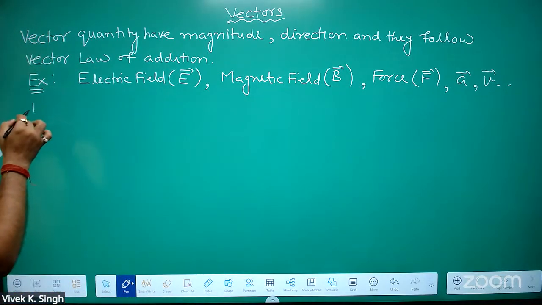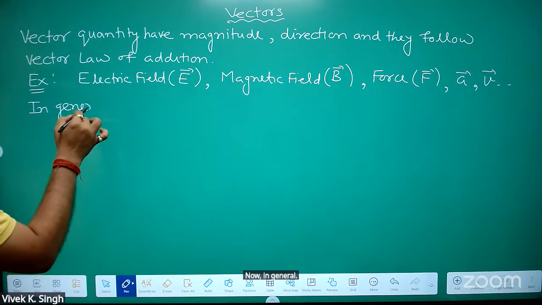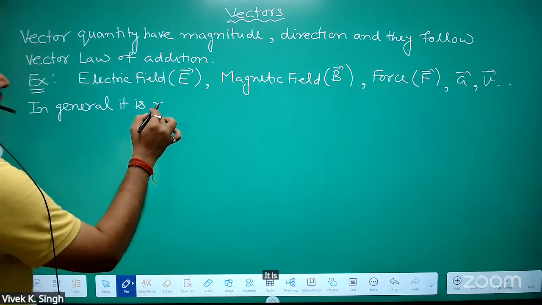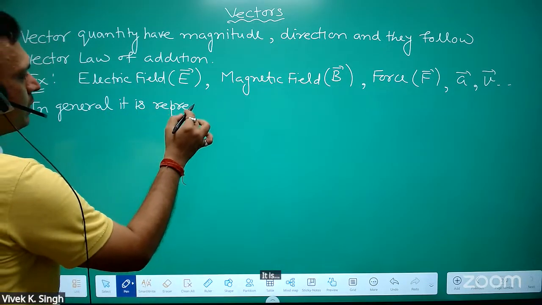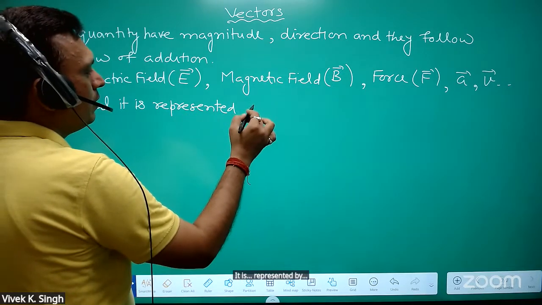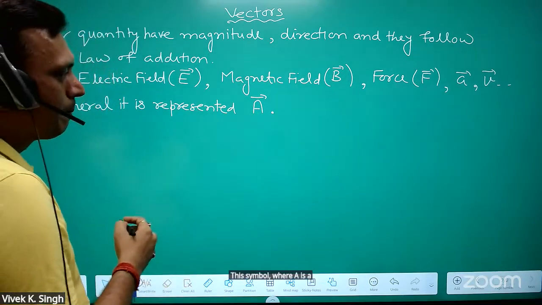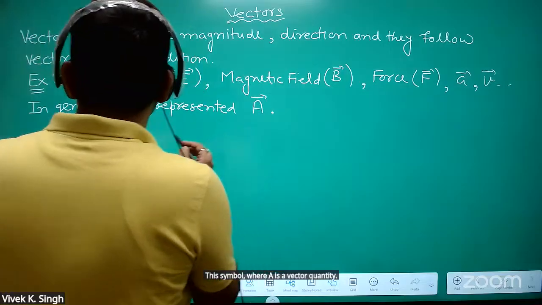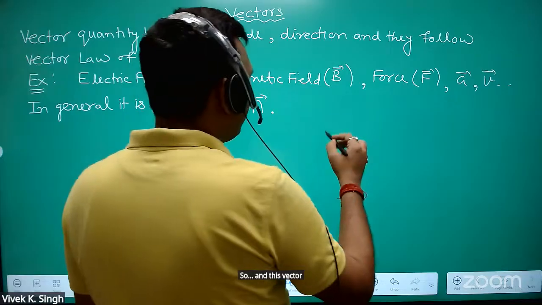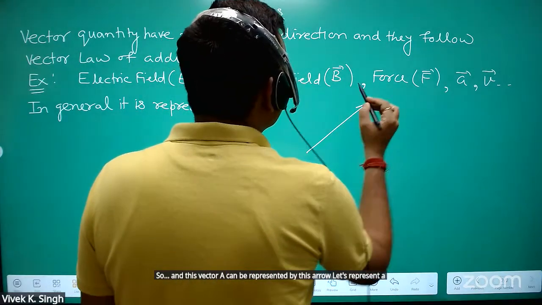Now, in general, a vector is represented by this symbol, where A is a vector quantity. This vector A can be represented by an arrow.